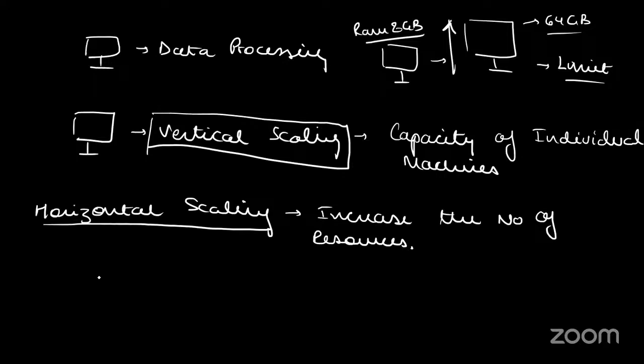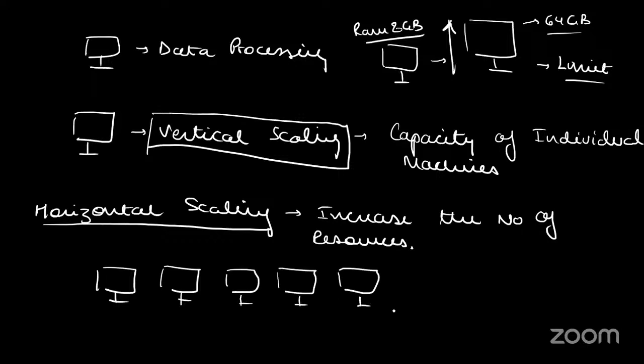So instead of increasing the capacity of a single machine, I would introduce more and more machines which will be used to process my data. All of these machines are called nodes. We will come to that definition later on, but all of these machines are your nodes.